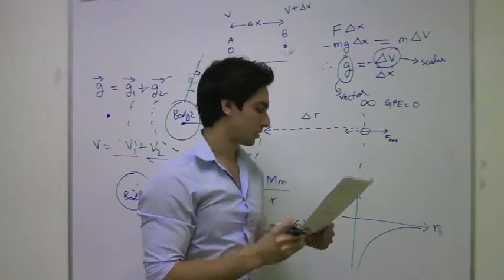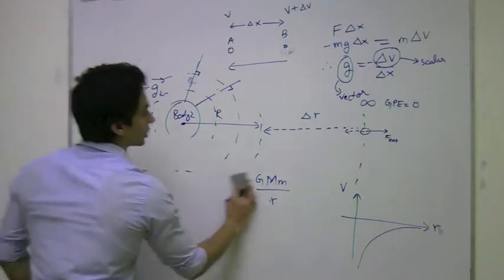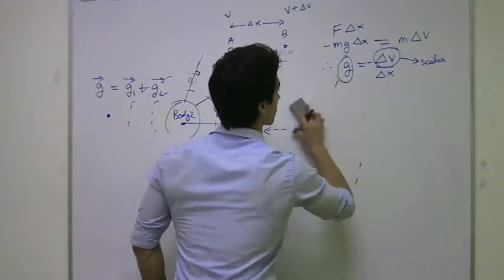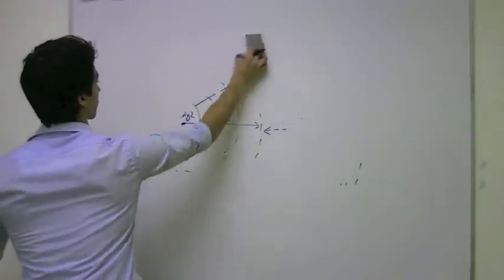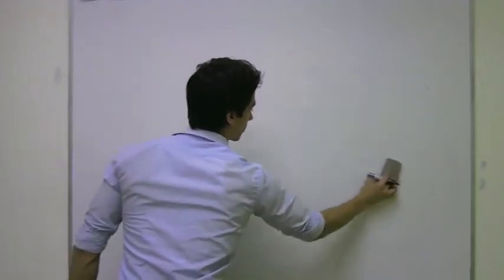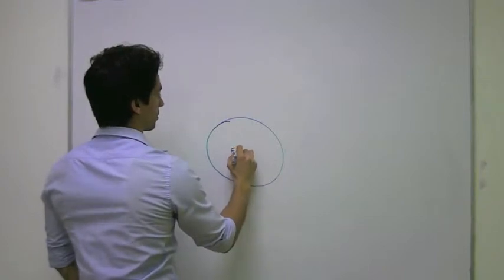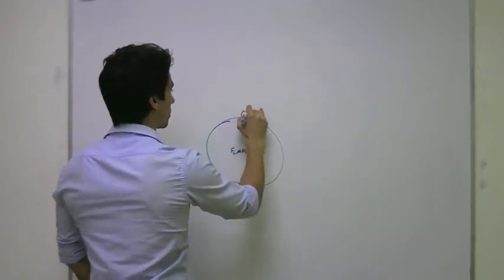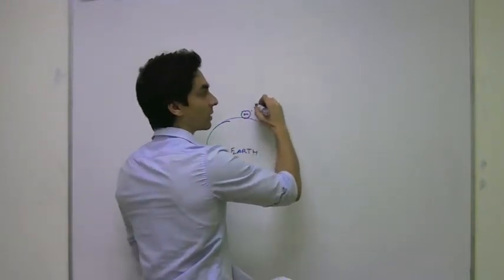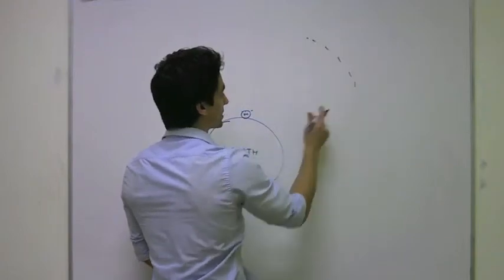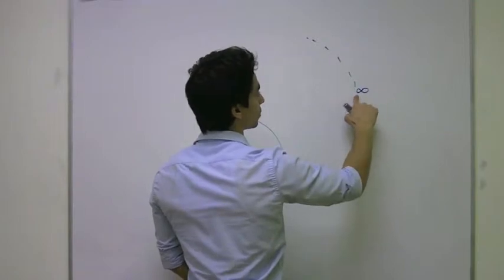Okay, 9.2.7 and 9.2.8 is about escape velocity. Now let's see that in a little more detail. If there is an object on the surface of the earth of mass m, and I want this object to be able to escape the gravitational field of the earth, basically that means I want to get it to infinity.